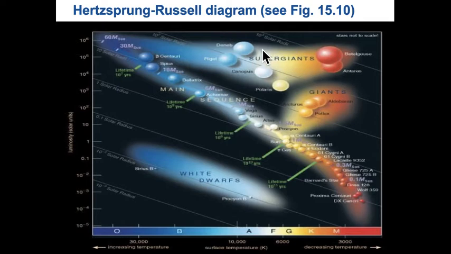You have Deneb, which is in the Swan constellation. Arcturus and Aldebaran were like our sun in the past, fusing hydrogen.